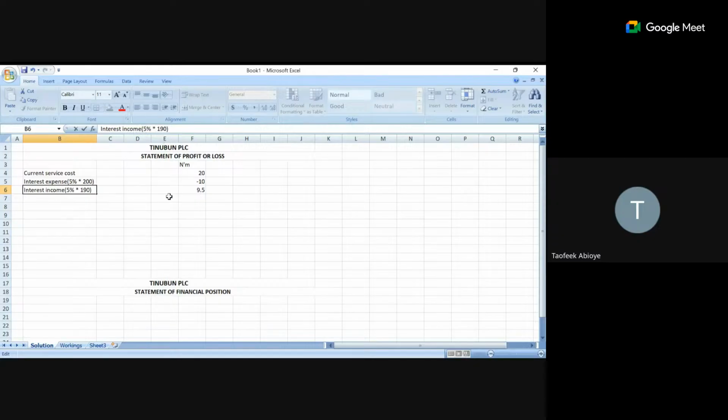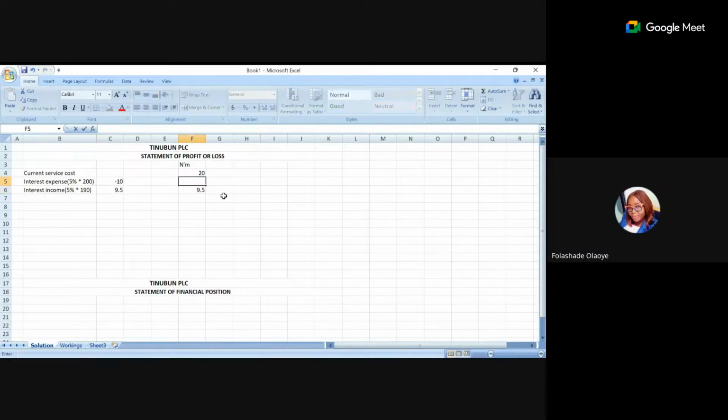We are not going to report contribution paid. The standard says you can report this one at net. What is the difference? It is 0.5, negative. So this one is 10, this one is 9, so the difference is minus 0.5. The standard says you can report it at net.